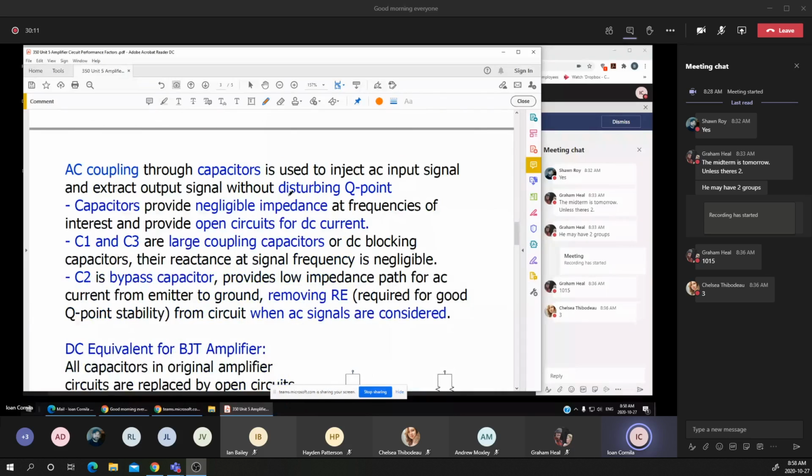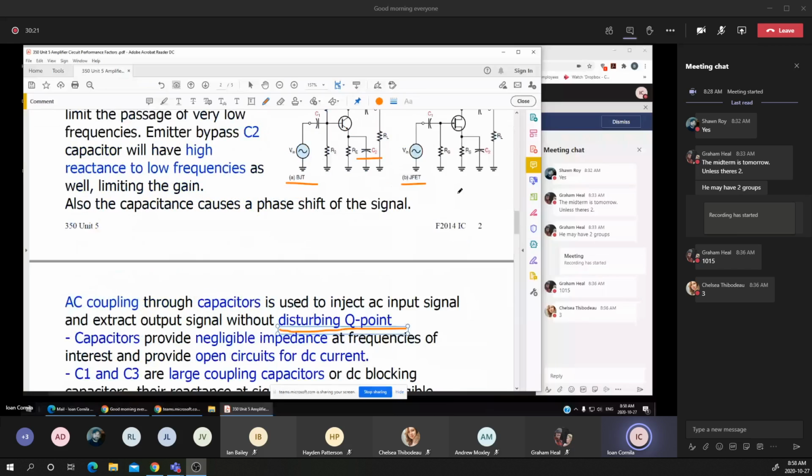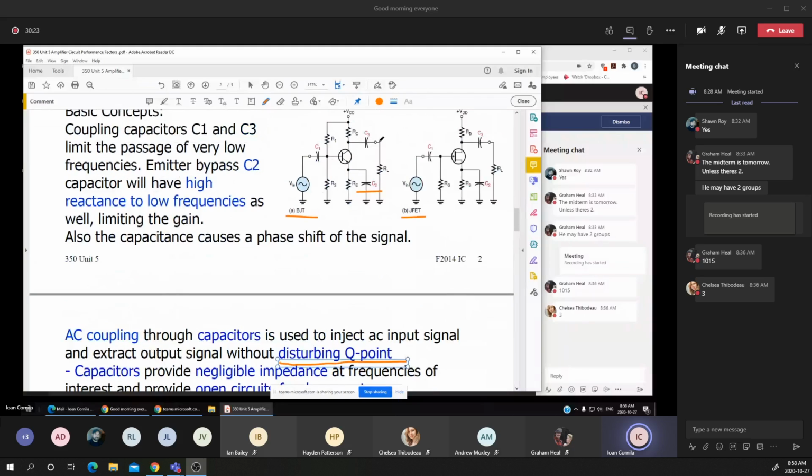I mentioned that without disturbing the Q point, and this is our main goal. Suppose that we are not using the C1 or C3, and I mentioned that if we are not using the C1 or C3, the resistance RL will disturb, it will change the Q point of the transistor.